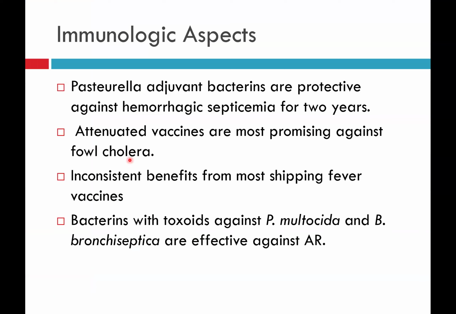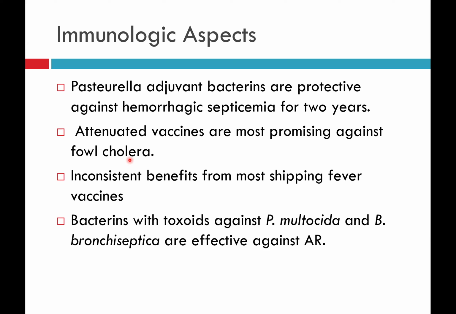Pasteurella adjuvant bacterins are protective against hemorrhagic septicemia for 2 years. So here in the Philippines, we are required to vaccinate the cattle and our carabaos with the Pasteurella bacterin to protect against hemorrhagic septicemia.